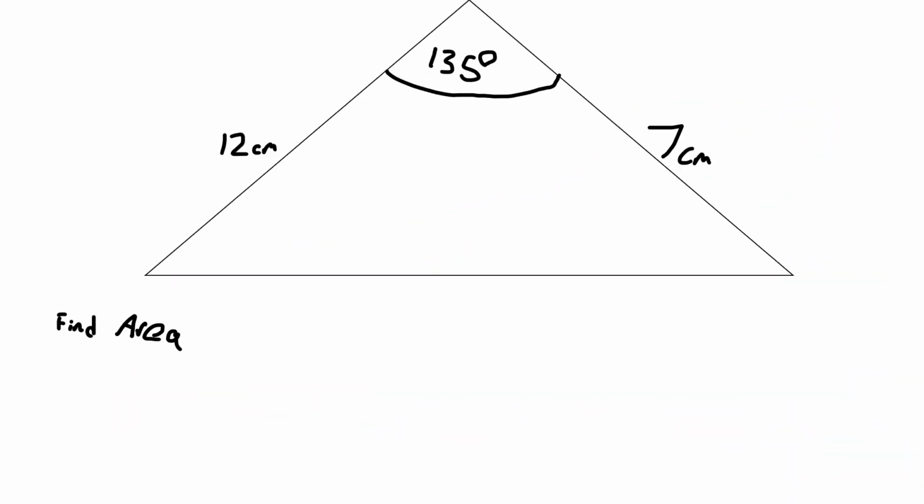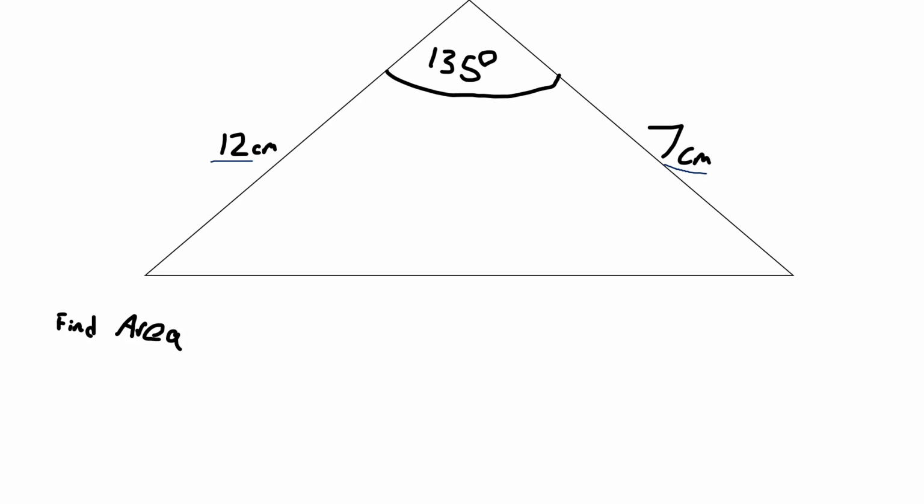Yeah. This is the next example. What about something like this? So for this one, we're told that this is 12, this is 7, and this is 135. So what's the area going to be?